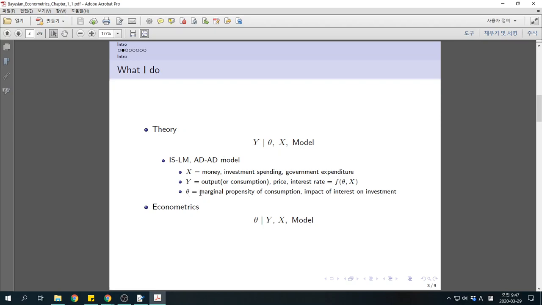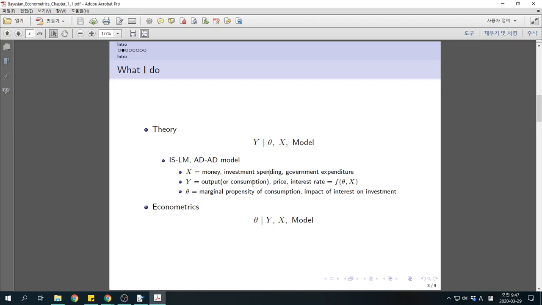And also theta is exogenous, although this is not a variable. This is usually fixed, for example, the marginal propensity to consume, or the impact of interest rate on investment. So x and theta are both exogenous. Given these exogenous variables, y is derived from the model.